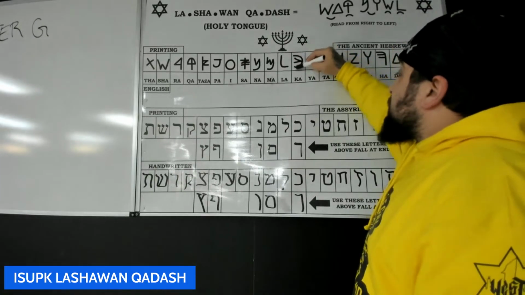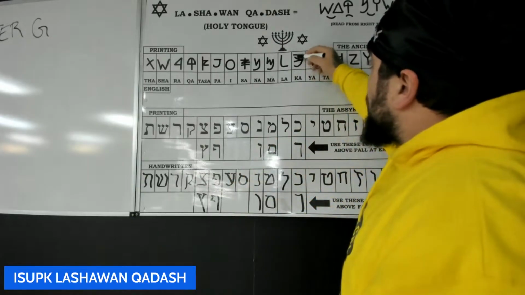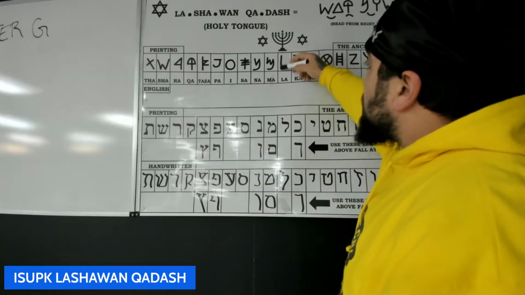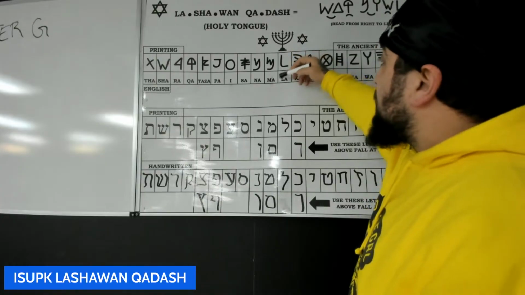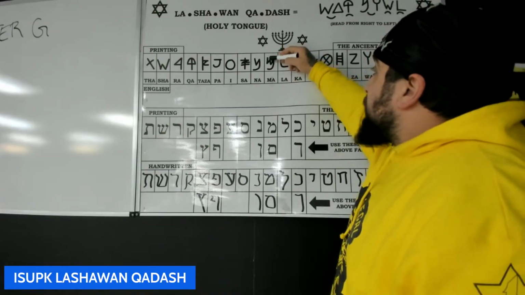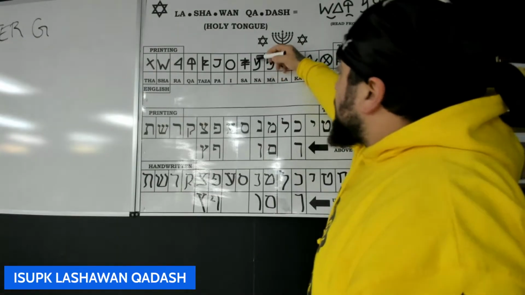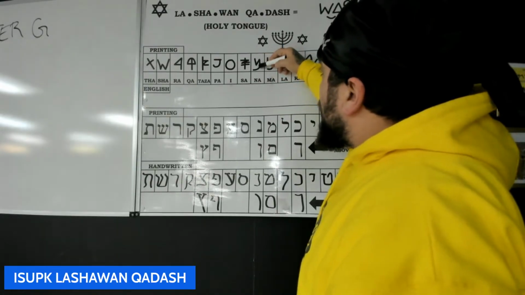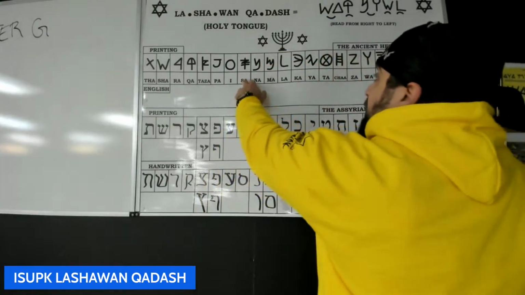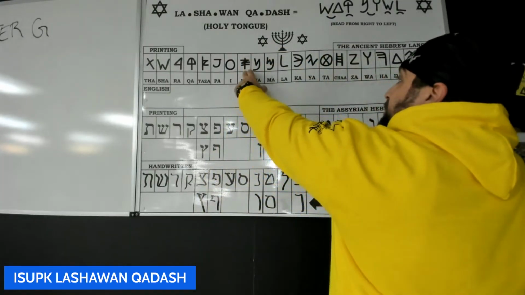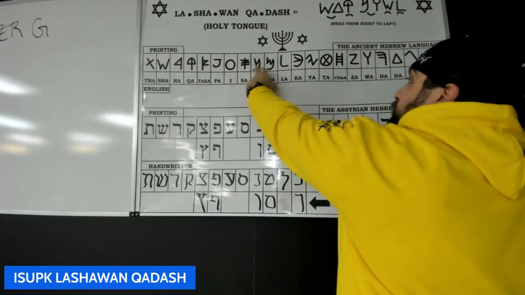Ka is like a flipped C, like a mirrored C with a V in the middle. La is basically like an L with no sharp point at the bottom. Ma is like a W at the top with a Y form coming down towards the bottom. Na is like a V formation at the top with a Y formation at the bottom. Sa is like a line from top to bottom, a Z form at the top, and right below it you strike another line.